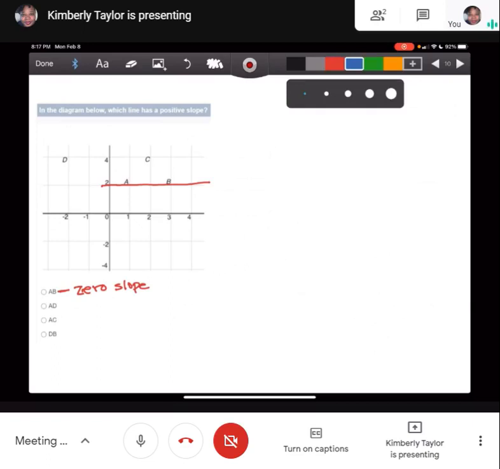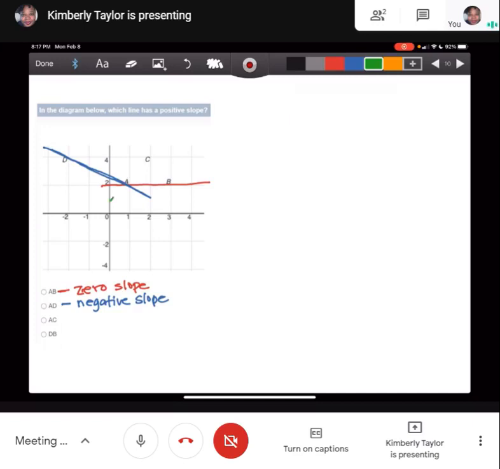Let's look at line AD. AD is like this, kind of. And this one has a negative slope. All right, let's look at line AC.